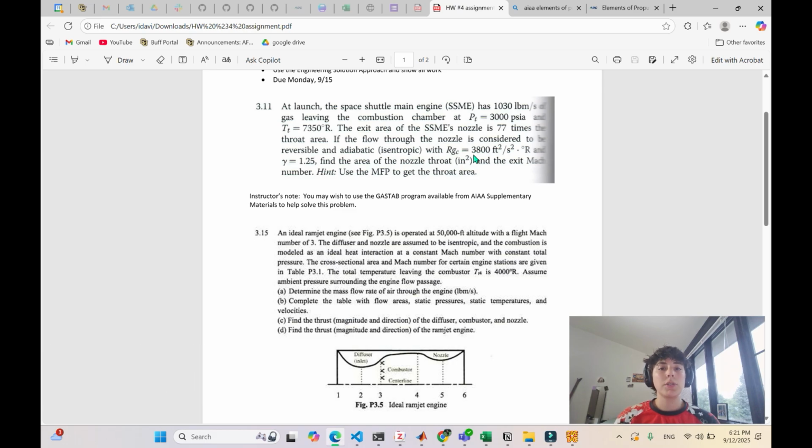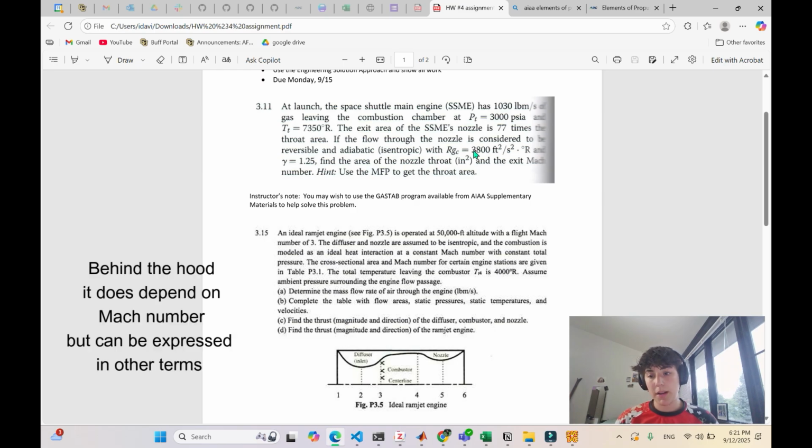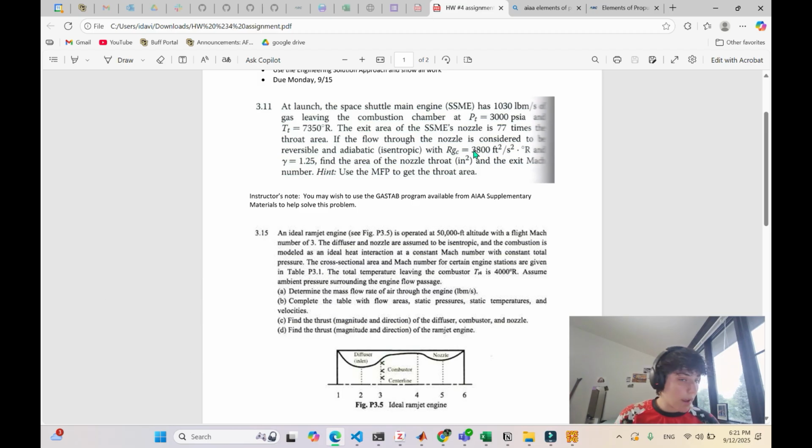Once you find MFP using the form of the equation that depends on the Mach number, MFP also has a form where it doesn't depend on Mach number, it actually depends on area. So if you know the total temperature and the total pressure and the mass flow rate, then you can solve for the area of the nozzle throat because you know MFP.